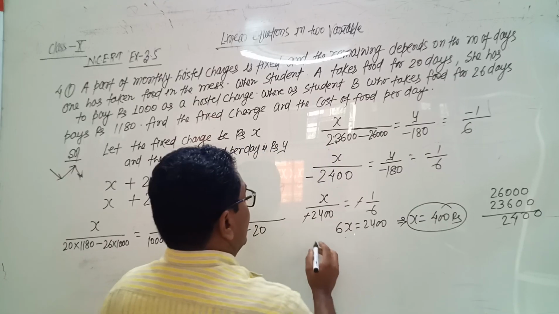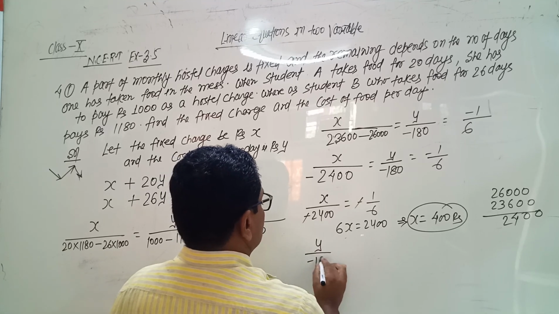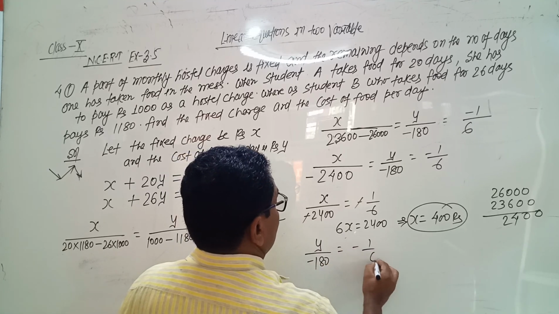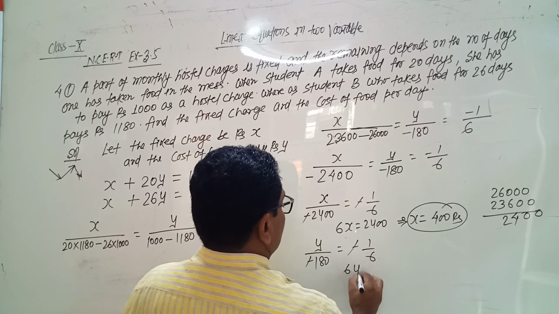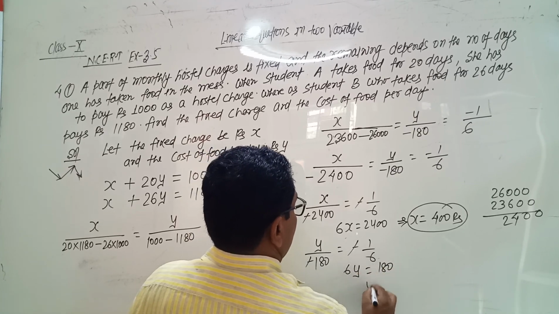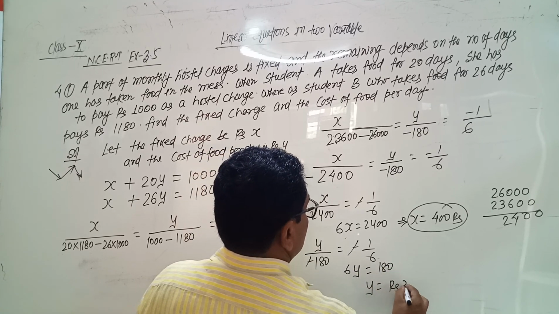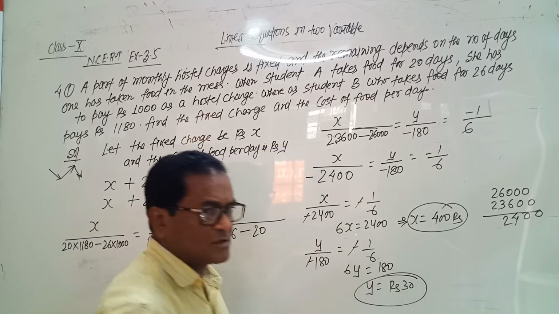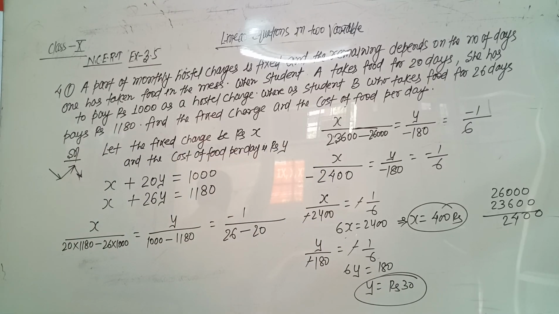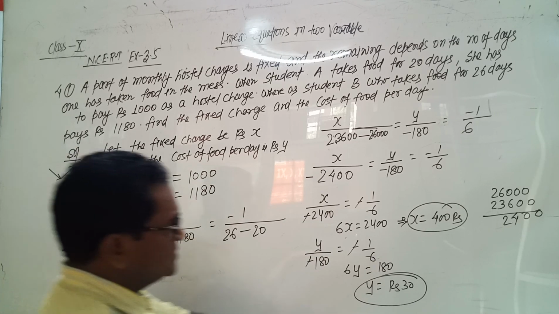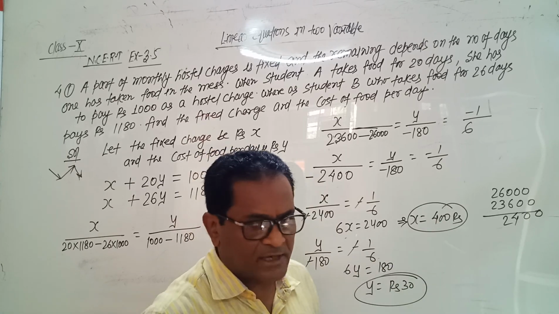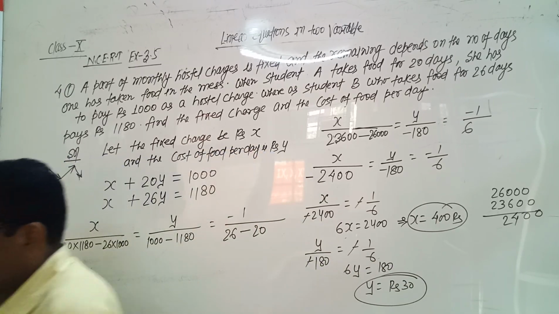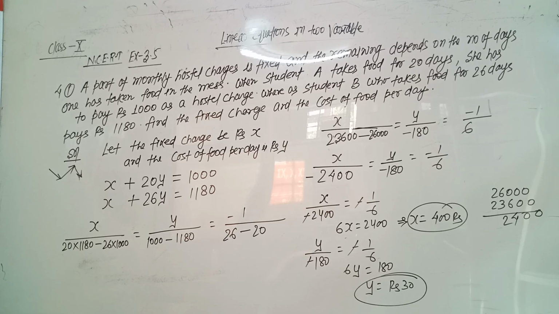And from second and third, Y by minus 180 equals to minus 1 by 6, minus cancelled, 6Y equals to 180 and Y equals to rupees 30. So the cost of food per day is rupees 30 and the hostel charges which is fixed is rupees 400.